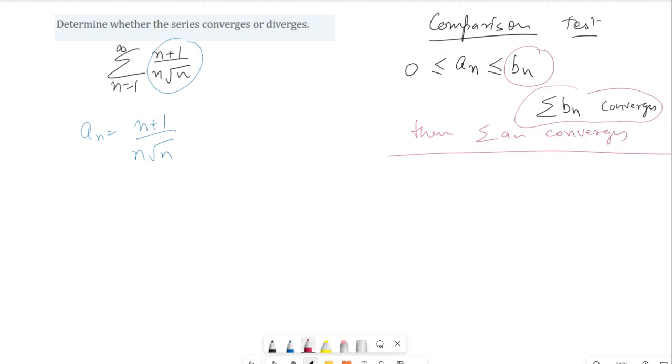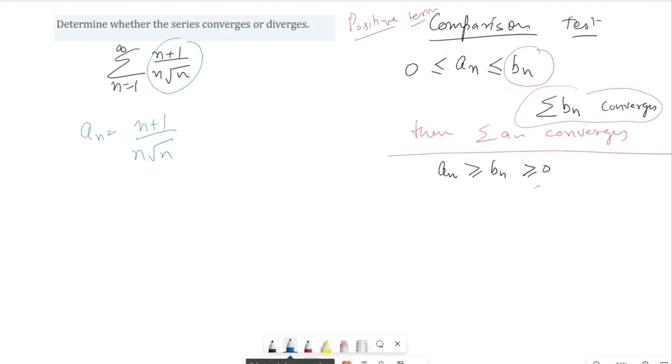Okay. There is another version of the comparison test. It says a_n is more than b_n and b_n is positive. So all of them are positive basically. This comparison test only works for positive term series.